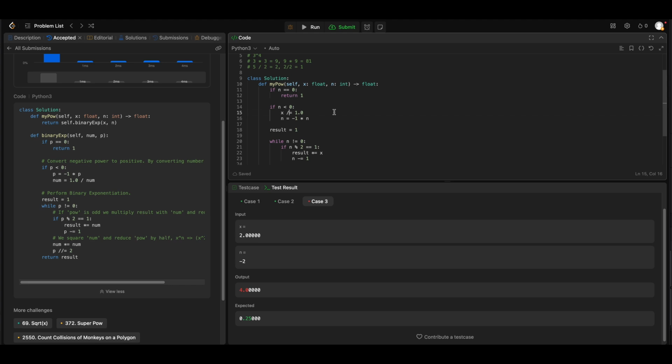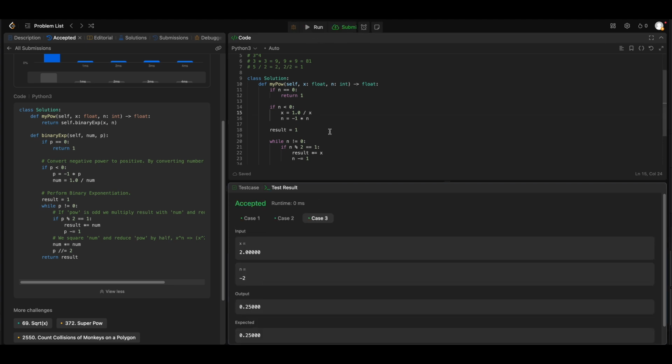Oh, actually we have done it opposite. Okay, so it should be like this exactly. Yeah, so we were dividing it in opposite order basically. Yeah, that's passing. Let's submit it.